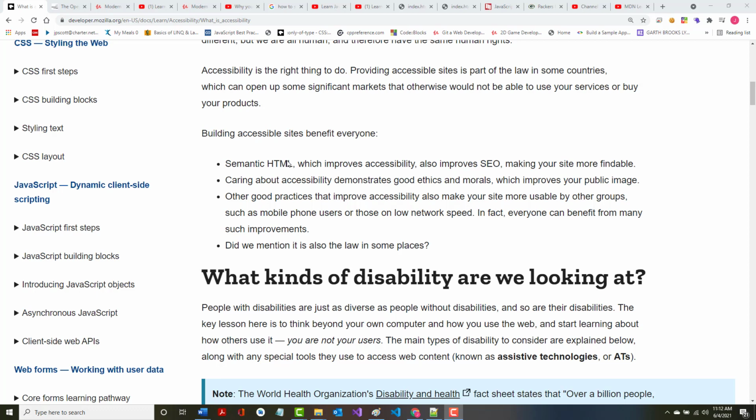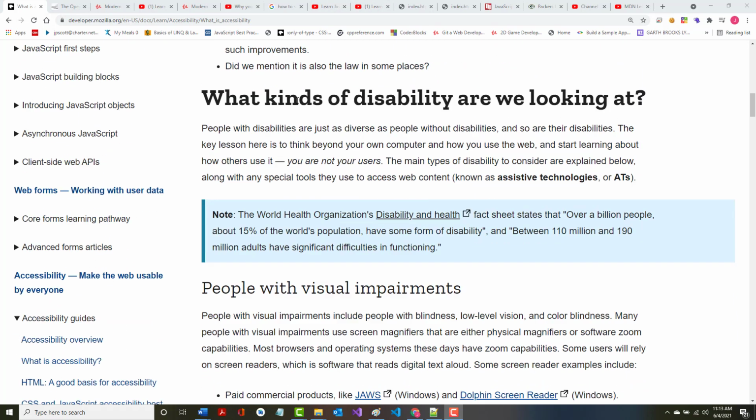So building accessible sites benefits everyone. Semantic HTML, caring about accessibility demonstrates good ethics and morals. Other good practices that improve accessibility make your site usable to all, things like cell phone users. And it says, did we mention it's also the law? And I've already said that.